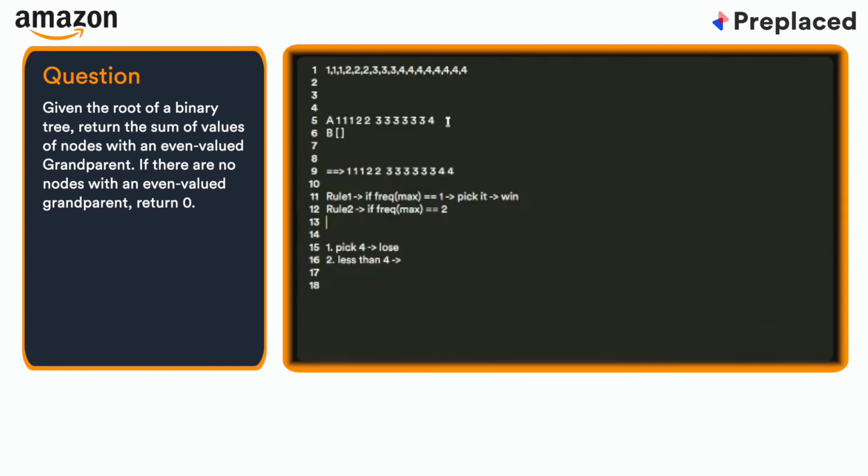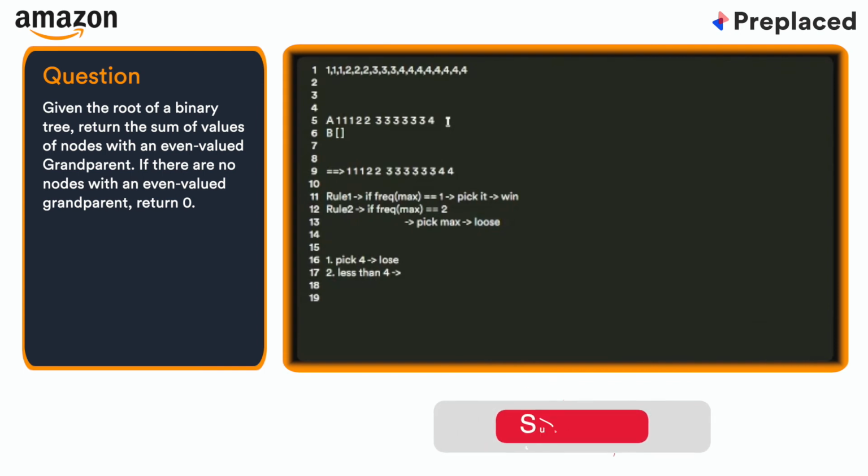if you pick, there are two possibilities. First possibility is to pick the max element, which will result in you losing the game, right? The other possibility will be picking a number which is less than, let me think.